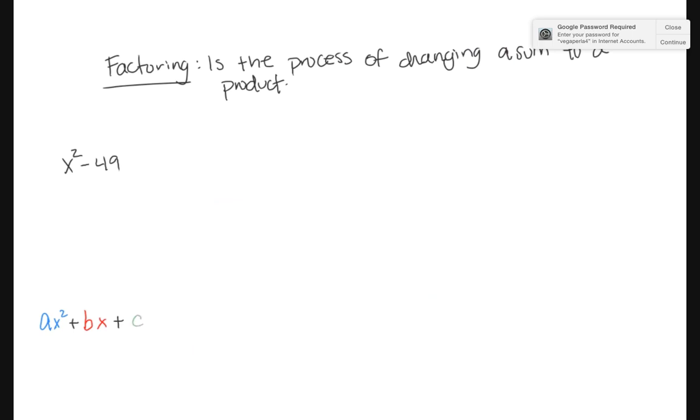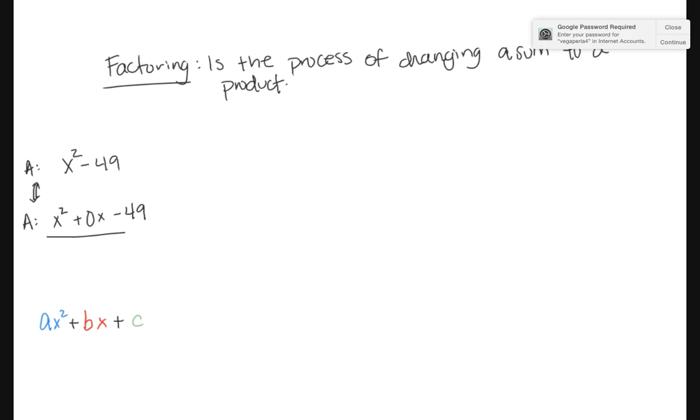So what we would do in this case, we would write x squared plus 0x minus 49, because there's nothing in the middle. So that's plus 0x. So these two are actually equivalent to each other. But we're going to use the bottom one because it's the one that helps us. So let's use this one.